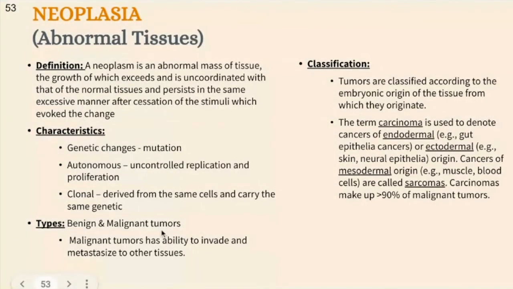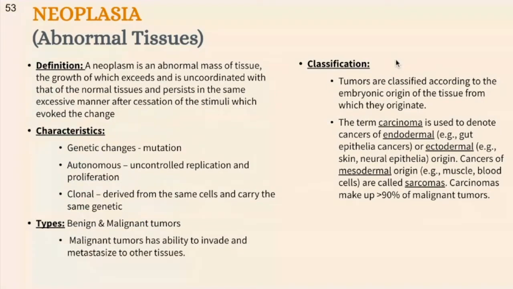So it is clonal, derived from the same cells and carrying the same genetics, but it has uncontrollable replication. Okay, there are two types, benign and malignant tumor. The malignant tumor is more potent, so it has the ability to invade other tissue or other organs by the process of metastasis.